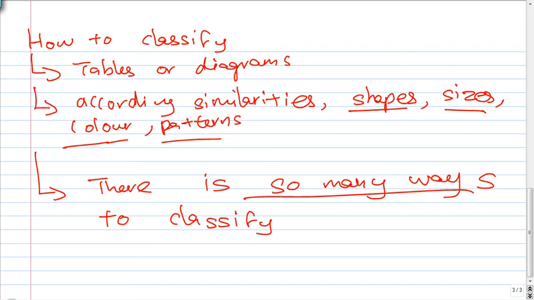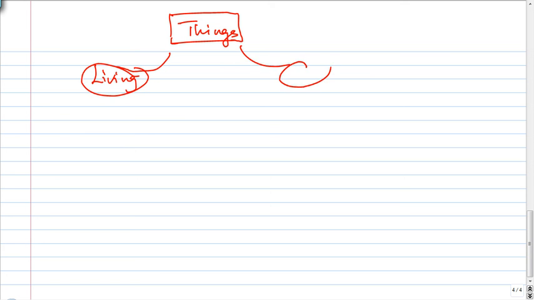Okay, so an example of a classification diagram could be, say, things. We've got those that are living, those that are non-living.